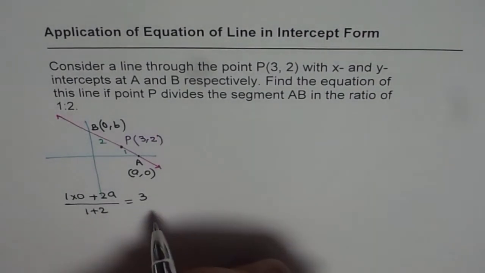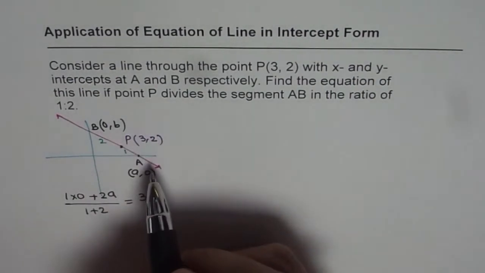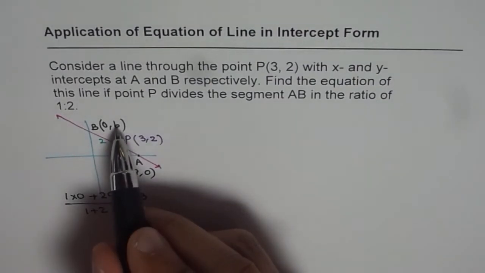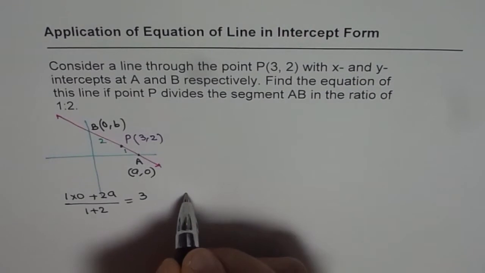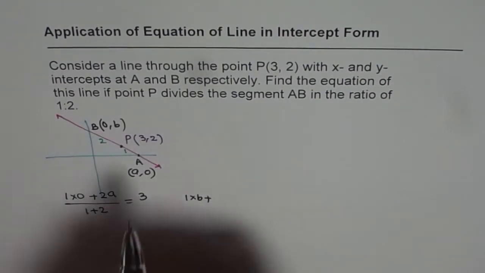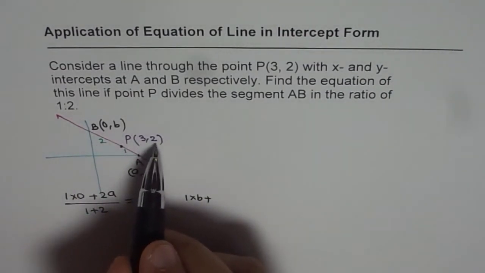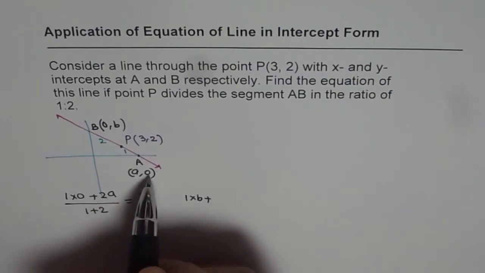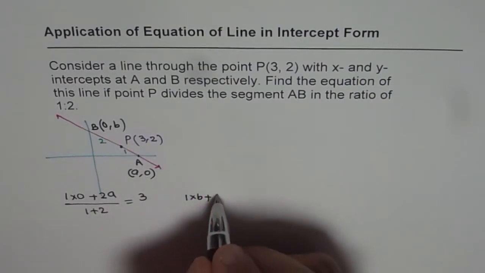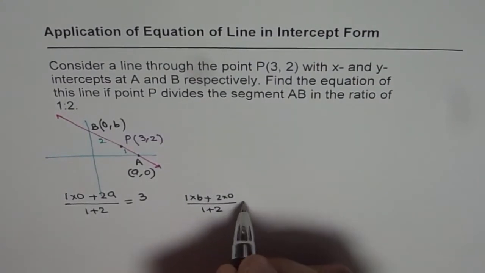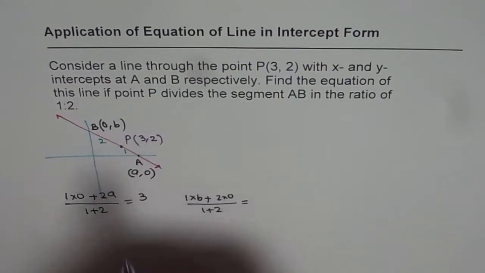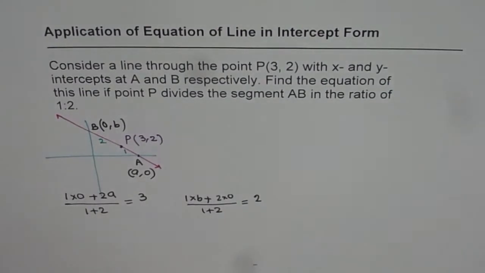And similarly, we can write that (1 times b plus 2 times 0) divided by (1 plus 2) should be equal to the y value of P, which is 2, right?